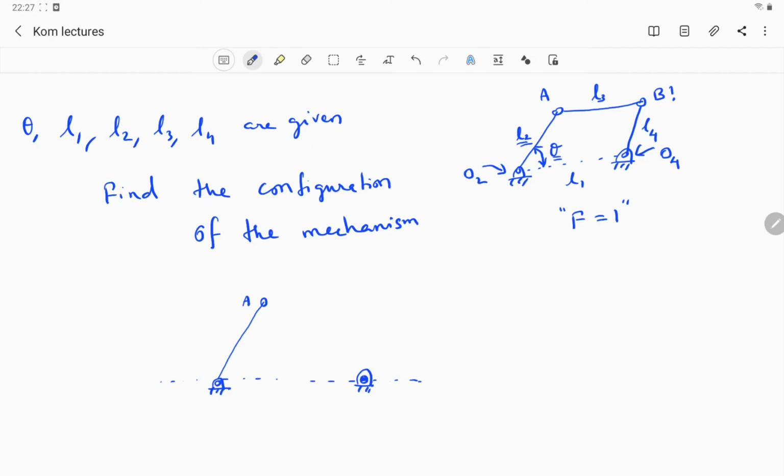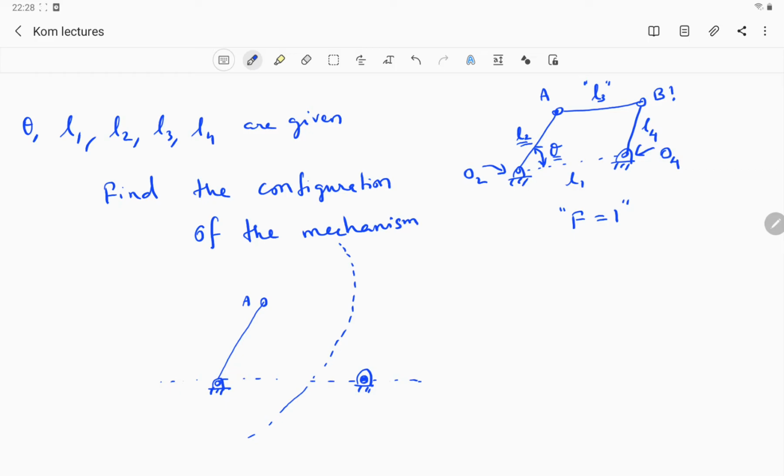If I knew those things, then I could easily identify the point B. Since I do not know, I can't use that idea. So what I am going to do is draw a circle with radius L3 and with center A. So it's going to be something like this.